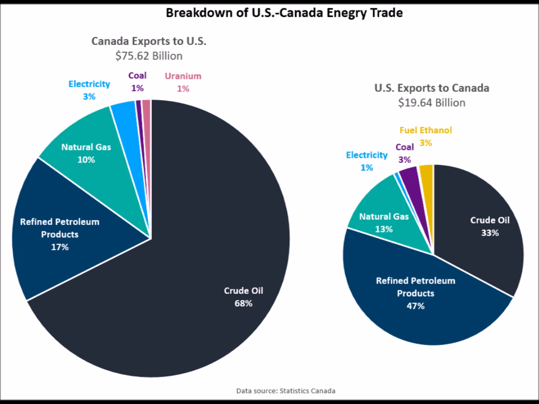The image also reveals a significant trade imbalance, with Canada exporting substantially more energy to the U.S. than it imports. This imbalance underscores the important role Canada plays in meeting U.S. energy needs. Overall, the image offers a clear and concise overview of the types and proportions of energy traded between the two countries, emphasizing the dominance of crude oil and refined petroleum products in this exchange.